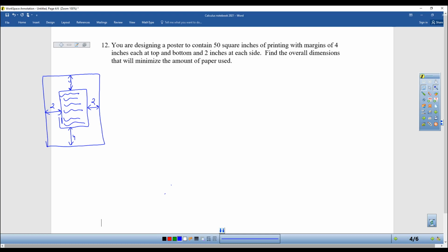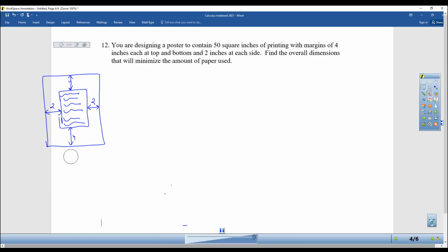Find the overall dimensions that will minimize the amount of paper used. So this used to be on the homework and people struggled with it a lot. So I decided to just do it for you. The main problem was that people made the overall dimensions X and Y, which is fine. That's not wrong.